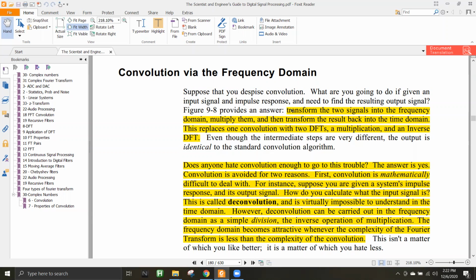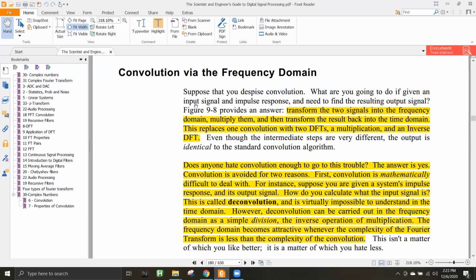In that case, you could transform the two signals that you want to convolve into the frequency domain, multiply them point by point, and then transform the result back into the time domain. So the whole procedure is basically replacing one convolution with two forward DFTs of the two signals, then a multiplication operation, and then one inverse DFT.